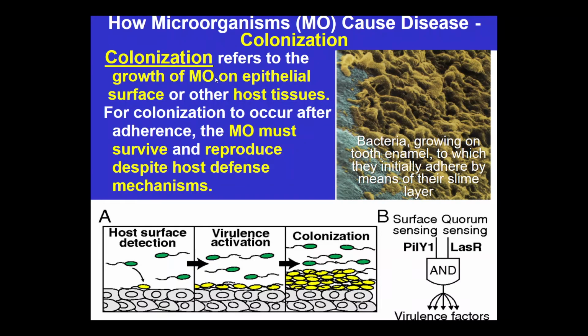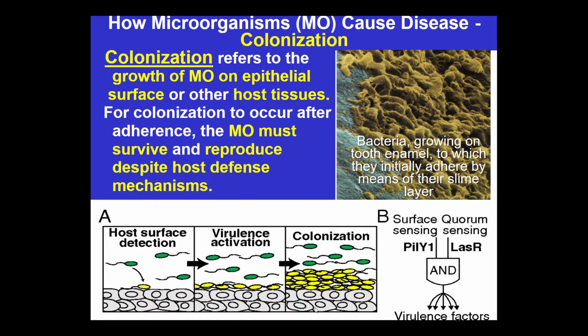It refers to the growth of microbes, not only attachment, but attachment that is further followed by growth of bacteria, multiplying of the bacteria on the surface of the human tissues, covering these tissues. For colonization to occur after adherence, the microbe must survive and reproduce despite host defense mechanisms.